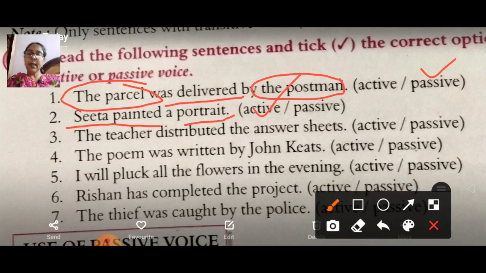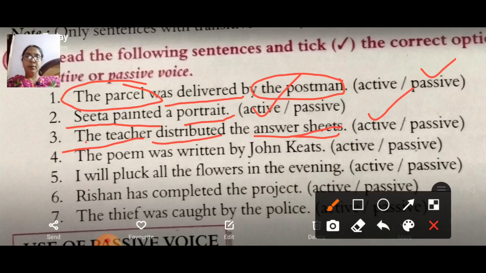So put a tick on active voice. Now third one, the teacher distributed the answer sheets. Here again you can see the teacher is the doer, this is the verb, and the answer sheets are the object. So this is active voice.